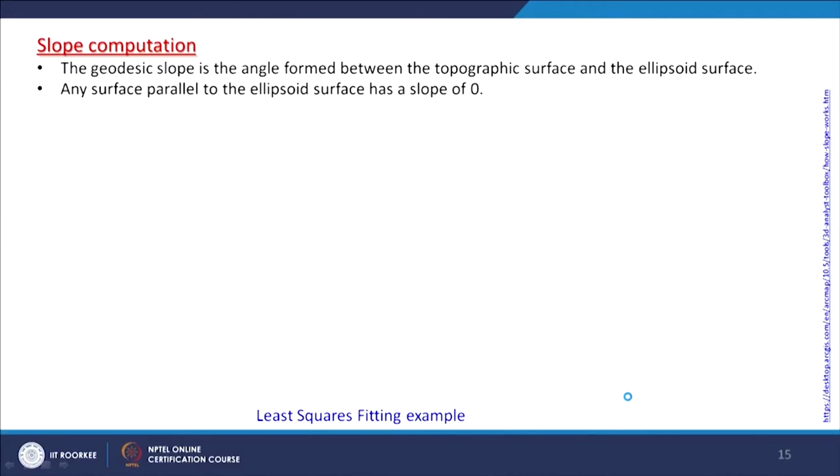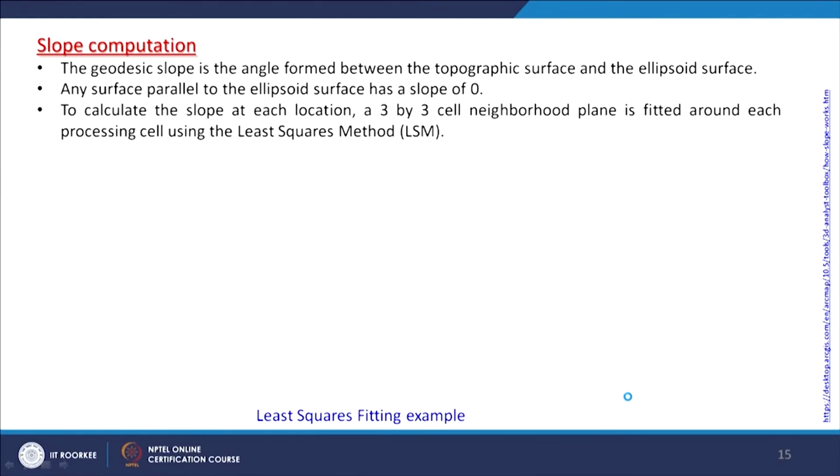So, if we go for this option, that is geodesic slope calculation, it is the angle formed between the topographic surface and the ellipsoid surface, and any surface parallel to the ellipsoid surface will of course have slope equal to 0, that is flat.